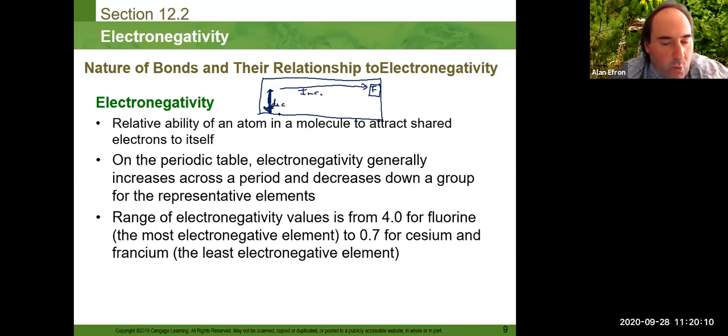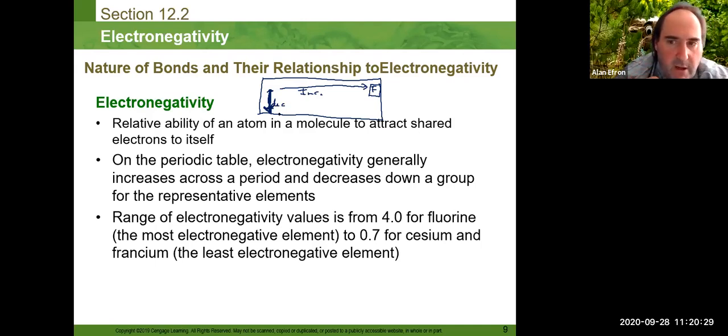So we can use electronegativity values to help us decide, if we take two atoms and put them together in a bond, whether we would expect to see the ionic bond, the polar bond, or the nonpolar bond form.